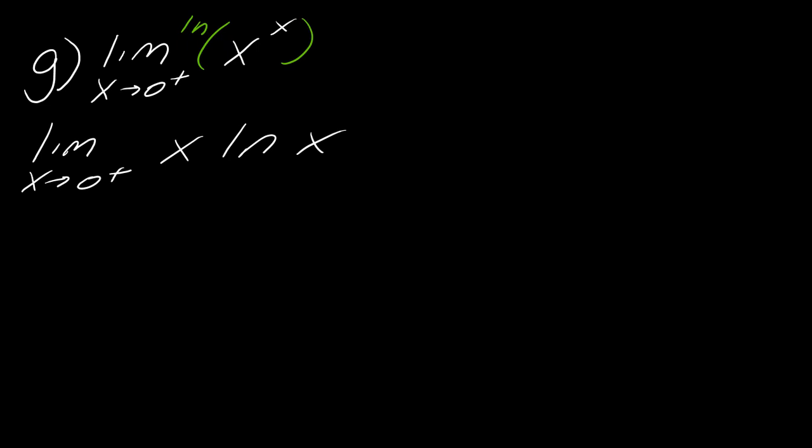And you'll notice in this particular problem that we have another problem. This x is going to 0, and the natural log from the right is going to end up going to negative infinity. So now I've got 0 times infinity.